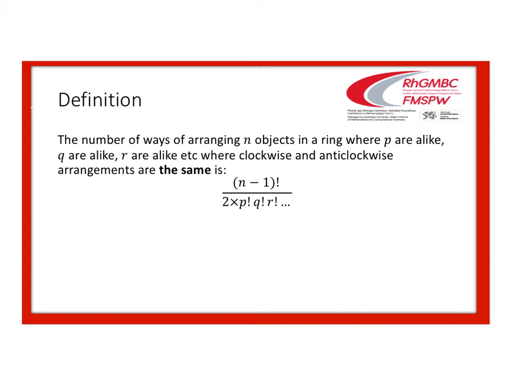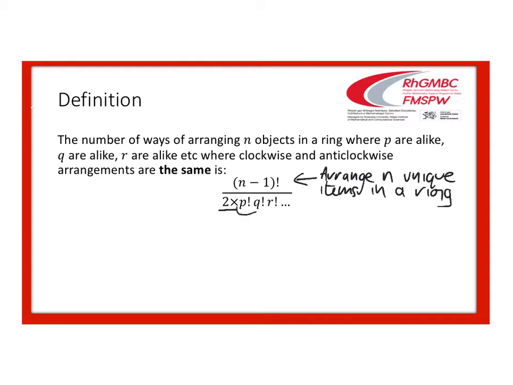And so to deal with the situation where we have n objects in a ring where p are alike, q are alike, and r are alike, where clockwise and anti-clockwise arrangements are the same, you can see it's n factorial over 2 times... So we've just added in this 2 times. And the reason we're dividing through by the 2, just reminding you, the n minus 1 factorial is to arrange n unique items in a ring.